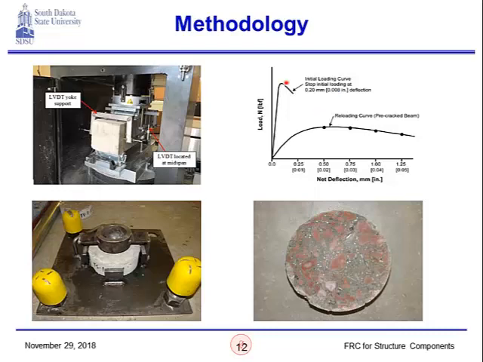Once we crack the beam, we unload it and remove the steel plate. Now we have a cracked beam, and we load it again. This curve shows the second loading, and we record the load at 4 different deflections, and these readings can be used to obtain our parameter, the average residual strength.